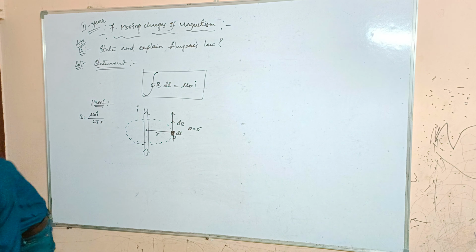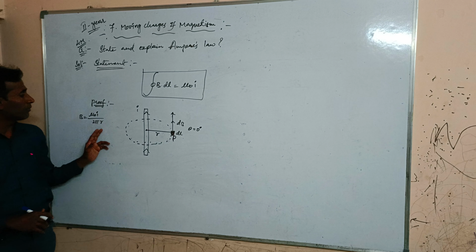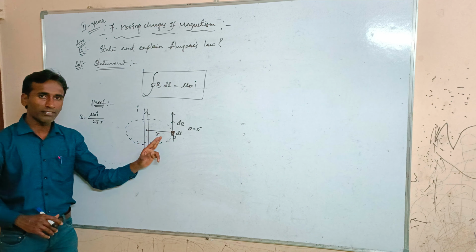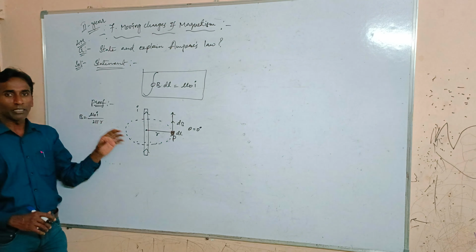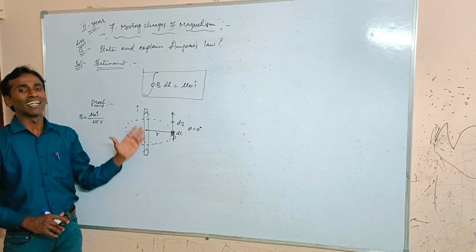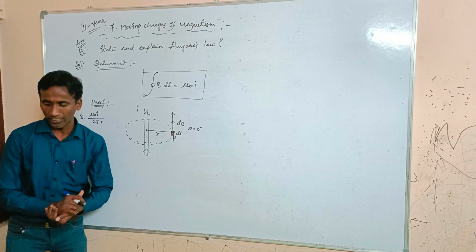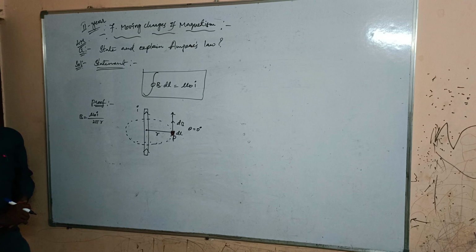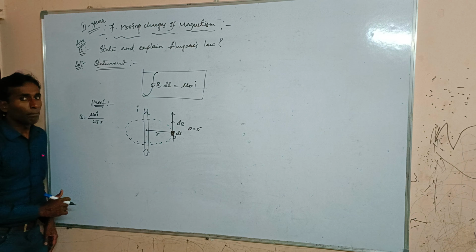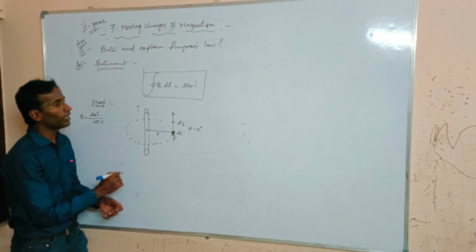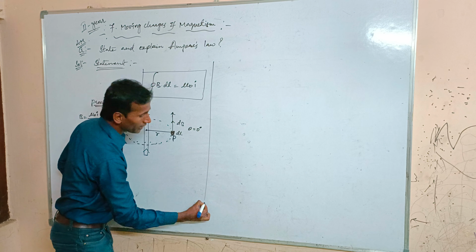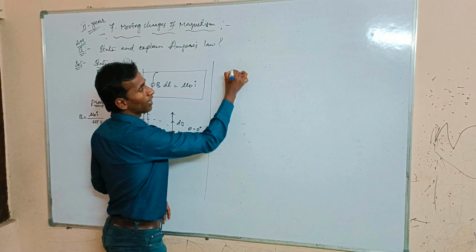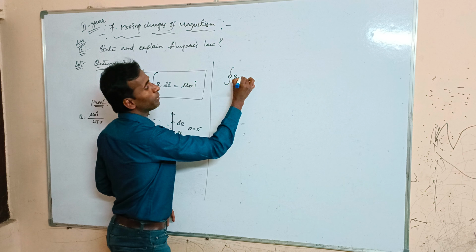Here r is nothing but the radius, and I is the current flowing through the conductor in the upward direction. Now, according to the Biot-Savart law, we have one formula. I am writing the line integral of B dot dl.